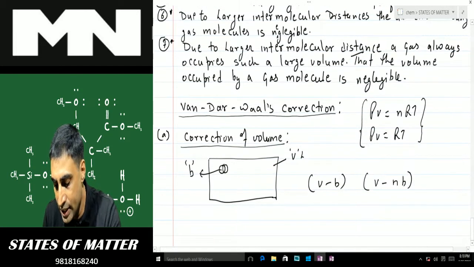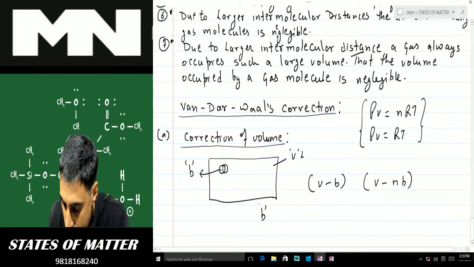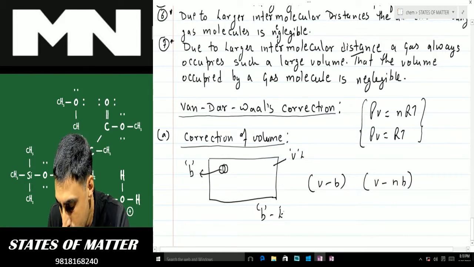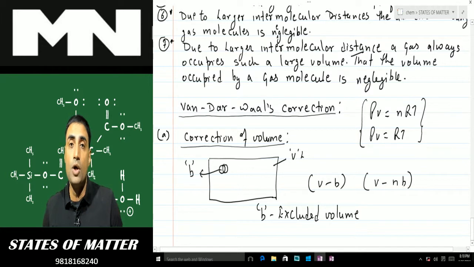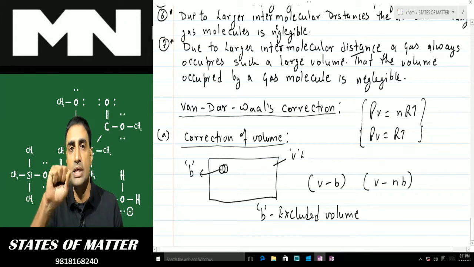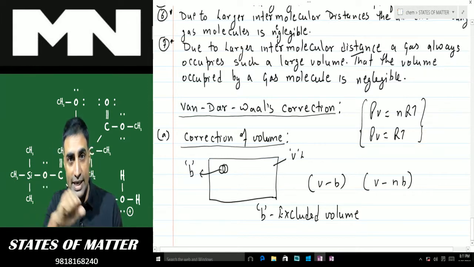Here B is known as excluded volume. I'm saying it is the volume occupied by a gas molecule. I'm not saying it is the volume of a gas molecule. A gas molecule is in continuous motion because of its kinetic energy.